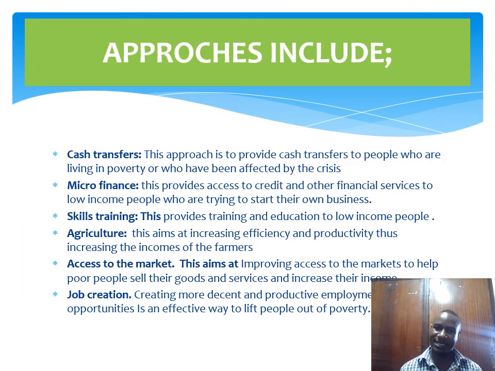Approaches include, one, cash transfers. Cash transfer is one of the income support approaches. This is the approach which involves cash transfers to people who are living in poverty or who have been affected by a crisis.